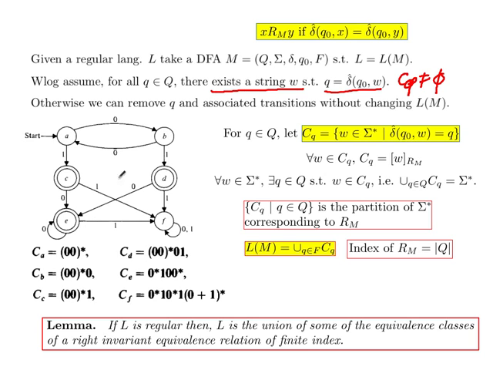So for any w, there is some q such that w is in CQ. So the union of the CQs gives you all possible strings, which means the CQs form a partition, precisely the partition corresponding to this equivalence relation Rm.